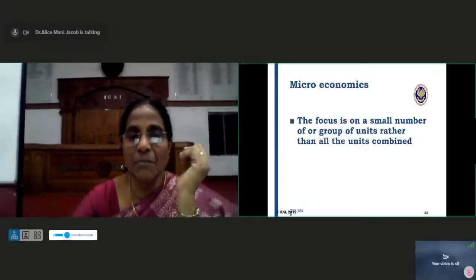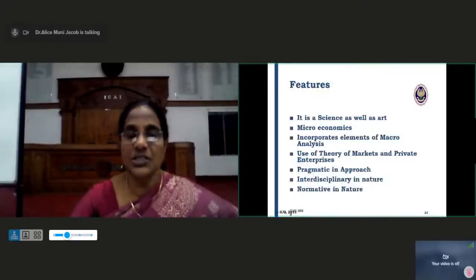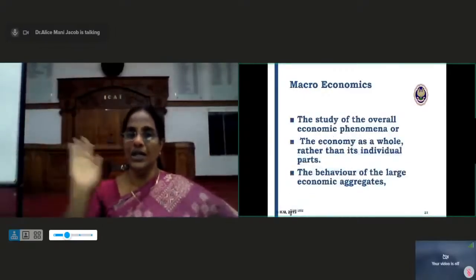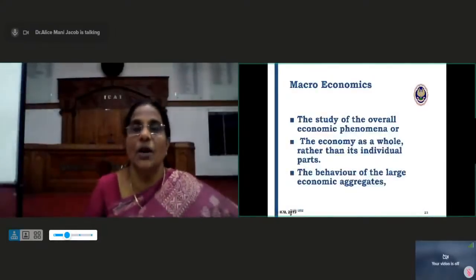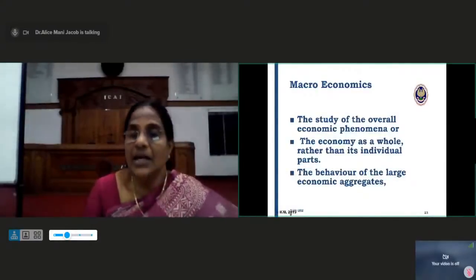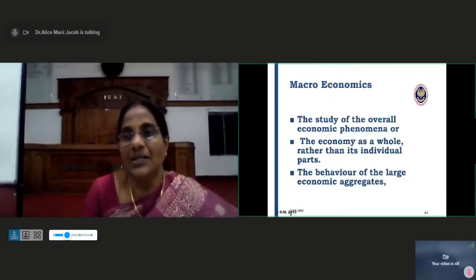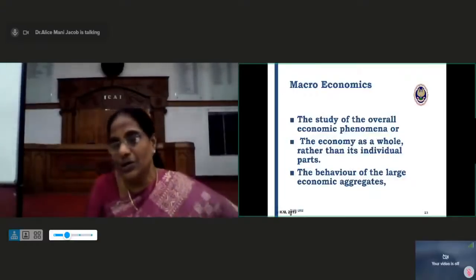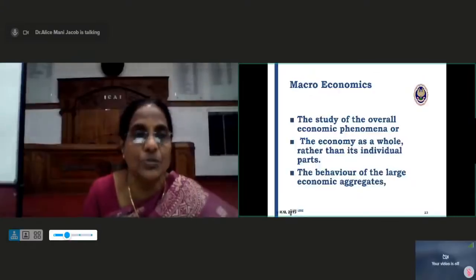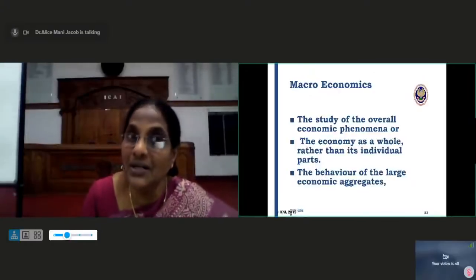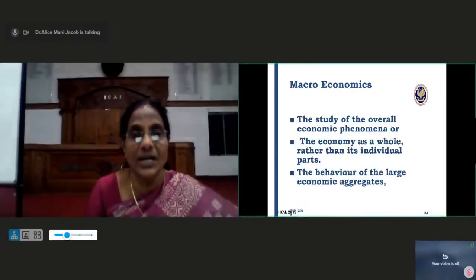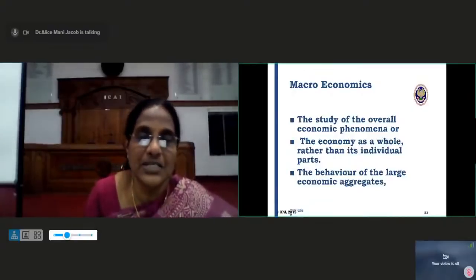But when you study macroeconomics, you study overall economic phenomena. You can go and read your book, for example. In microeconomics, you are studying demand, everything that is given in your microeconomics textbook, your business economics textbook. You are studying demand. Yes. You are studying resource allocation, the production possibility curve.